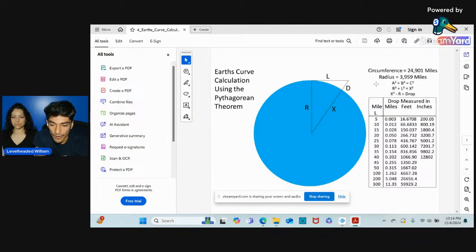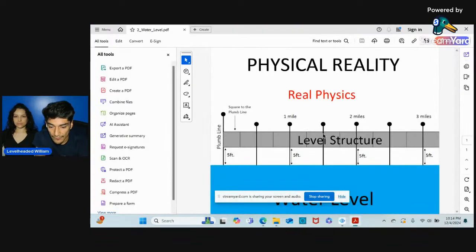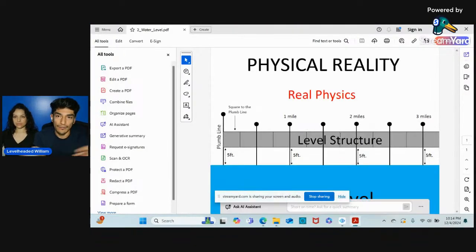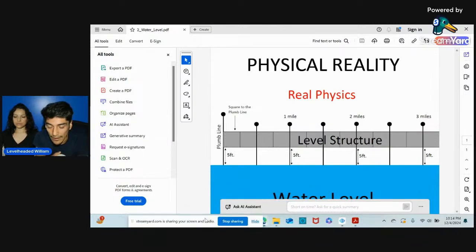Literally that simple. So again, based on the radius, the claim of the globe Earth, the dimensions of the globe Earth, they have to claim that water level means curve, and it's curving at this rate by default. So when we put these numbers to the test in the real world, we understand the physics of water when contained at rest. If we were to go to a lake that was miles across, 3 miles in this case, we understand that the surface of the water when it's at rest is always going to be level.